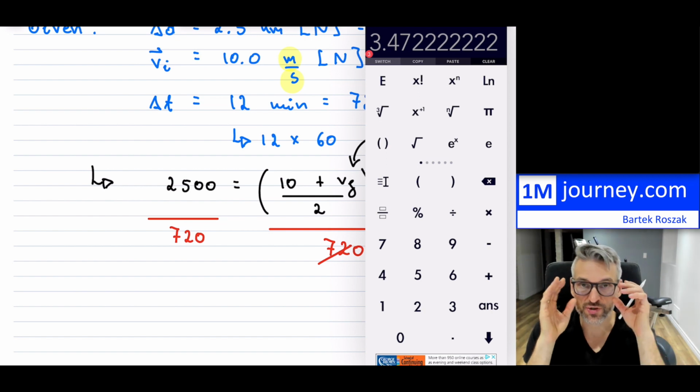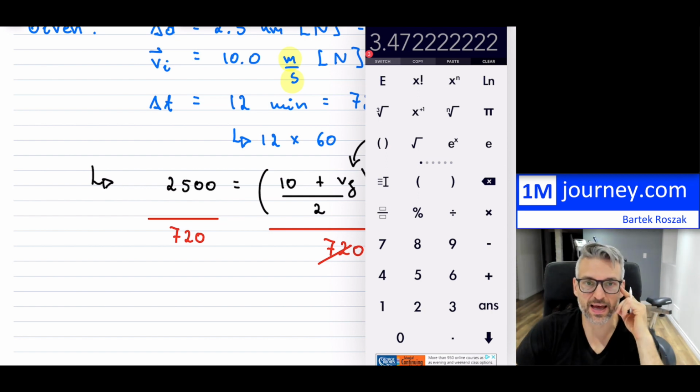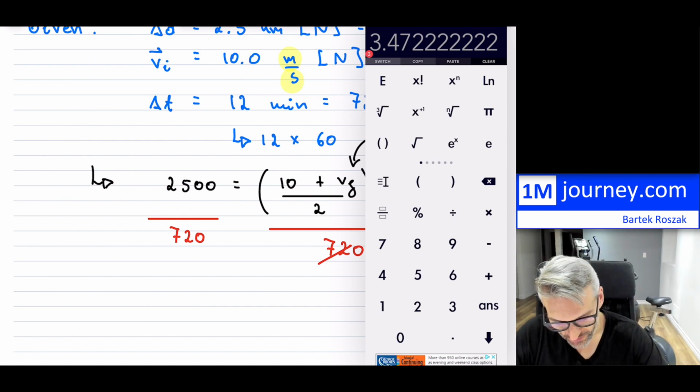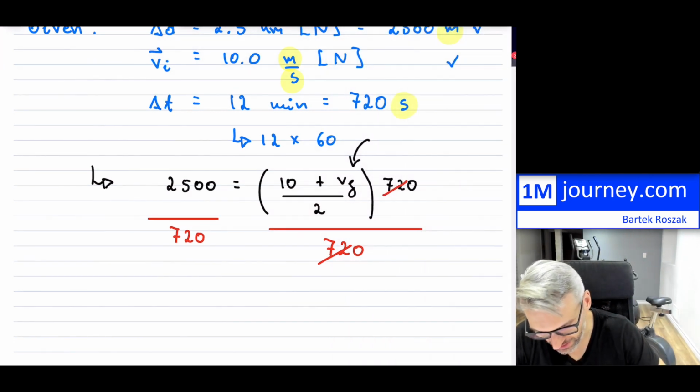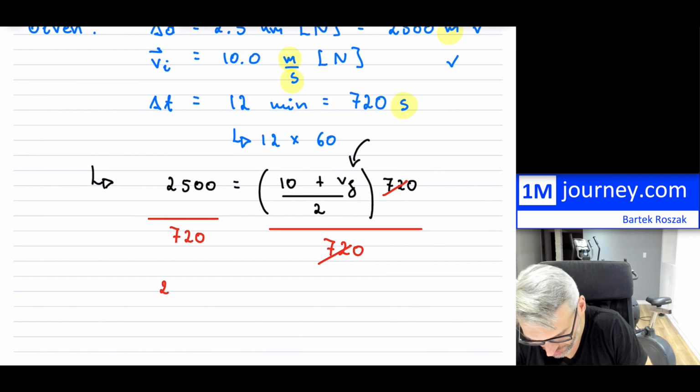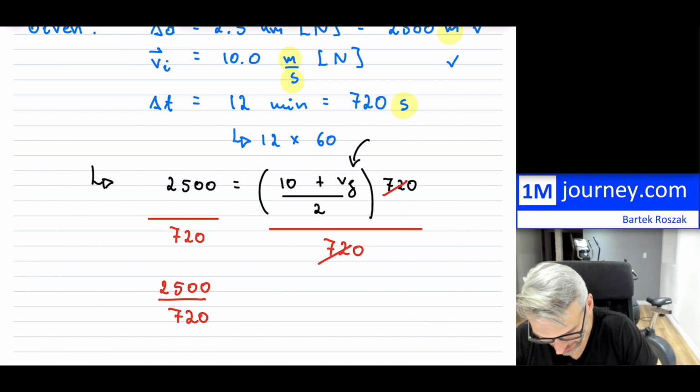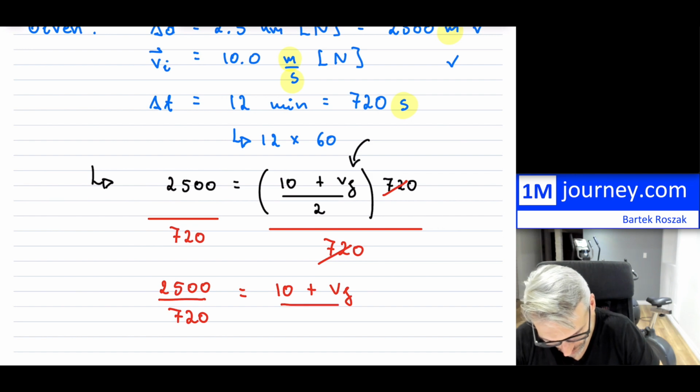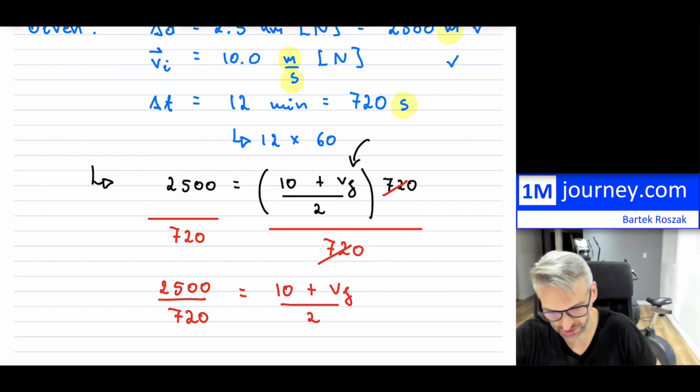Now, because you're not supposed to round in intermediate steps, I would just leave it as a fraction. So this is just 2500 over 720, and it is equal to 10 plus VF all over 2. So that's what I have there.